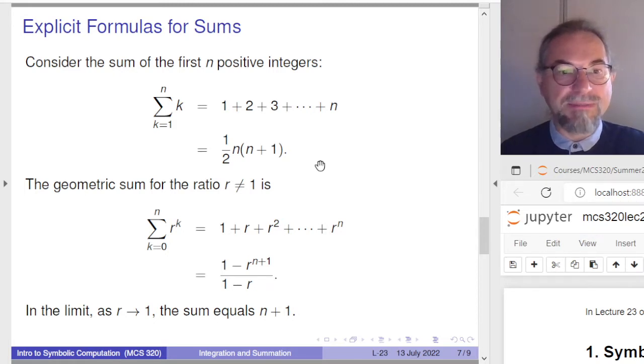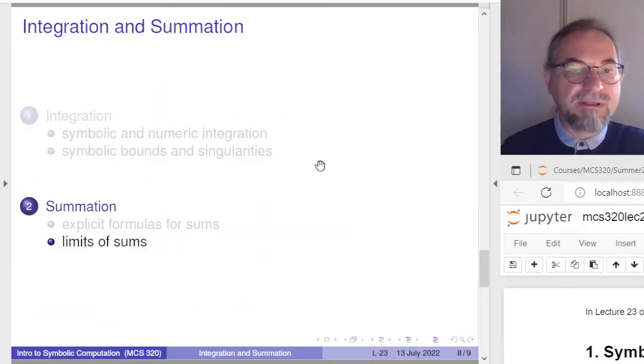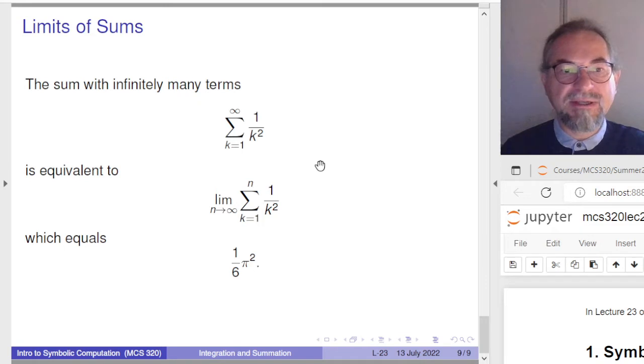But we can take limits. So in the limits, now we don't let n go to infinity, we let the ratio go to 1, then we will see that this ratio equals n plus 1, which is the actual value of the sum in that case. Okay, one last limit. So we can look at sums where the upper bound goes to infinity.